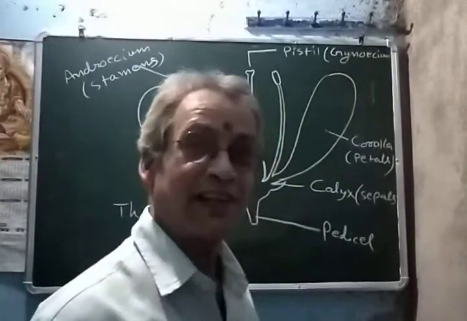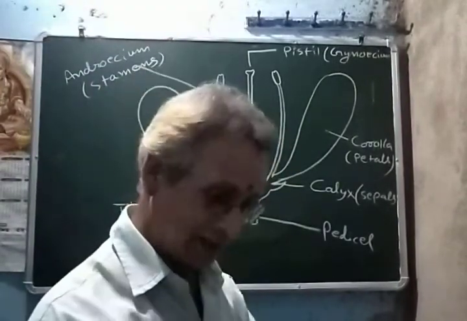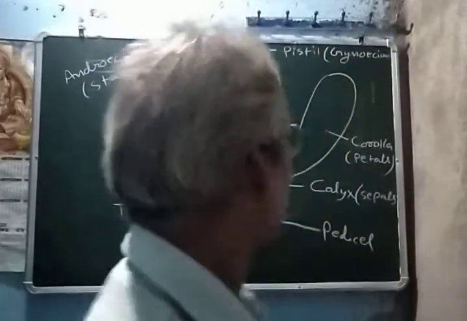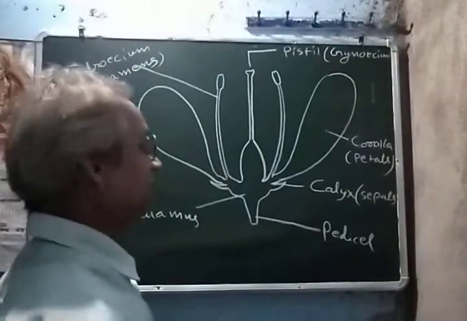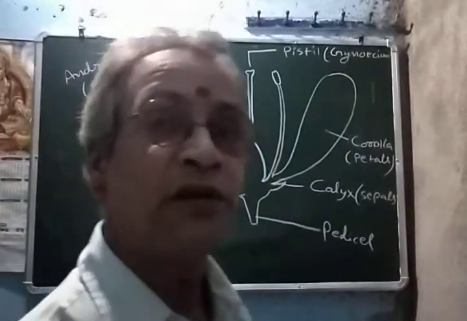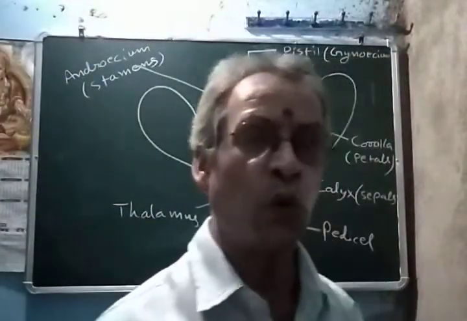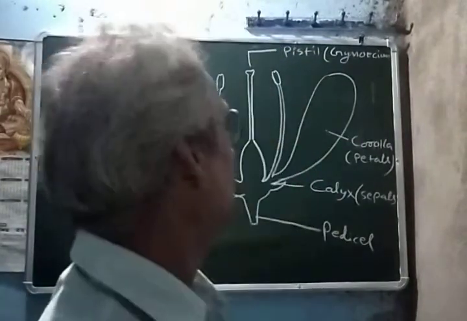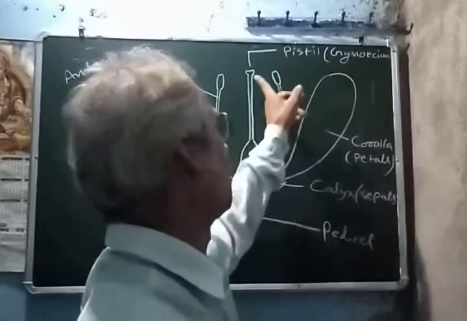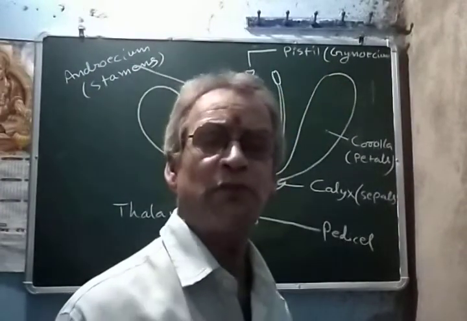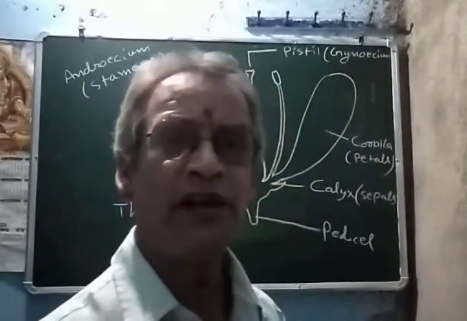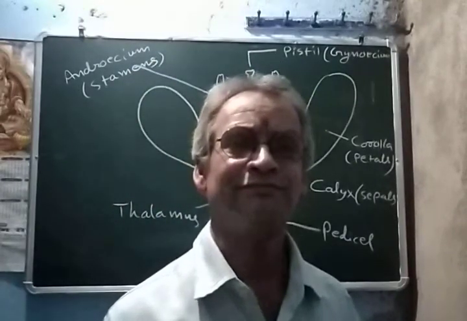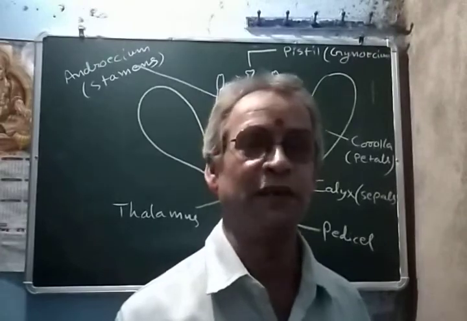These stamens together are called androecium. And the fourth whorl, or innermost whorl, in a bisexual flower is called gynoecium or pistil. The individual unit of a gynoecium is called carpel or pistil.